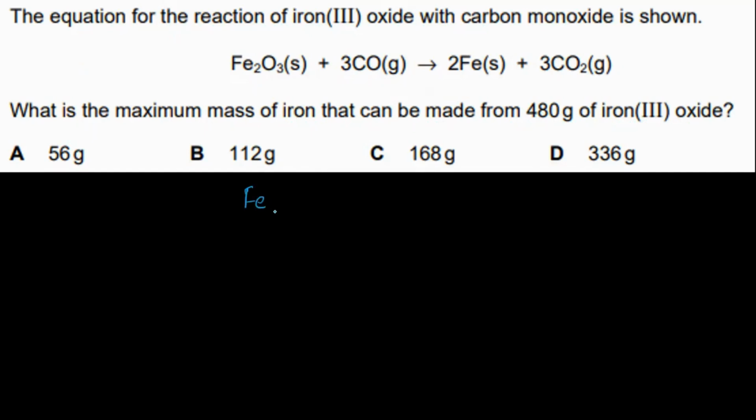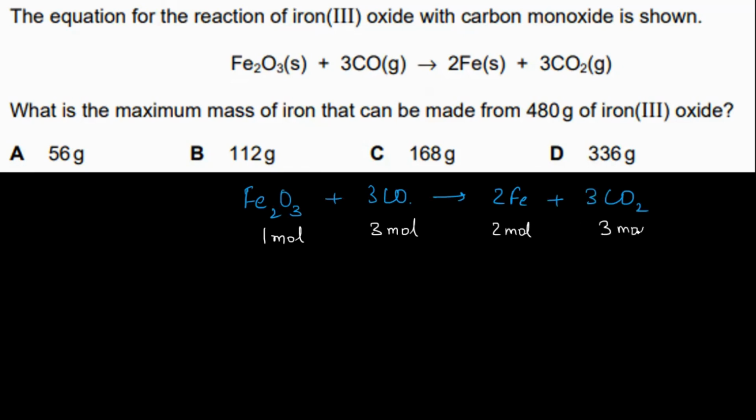So let's write down the reaction first: Fe2O3 plus 3 CO gives 2 Fe plus 3 CO2. Now, the coefficient of Fe2O3 is 1, so 1 mole of Fe2O3 reacts with 3 mole of CO to give 2 mole of Fe and 3 mole of CO2.